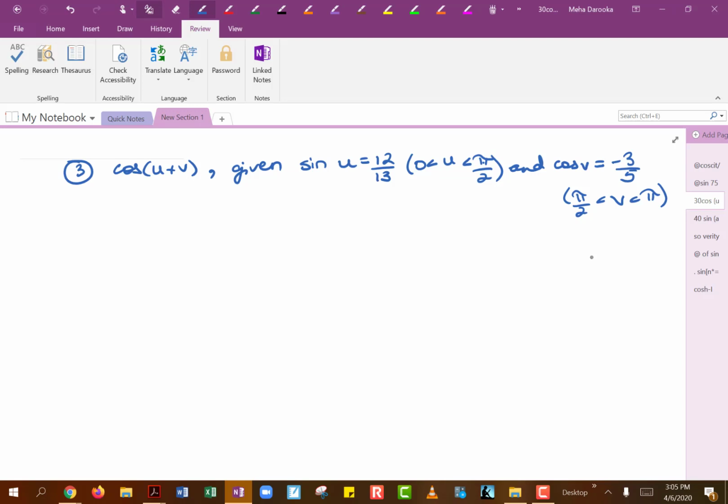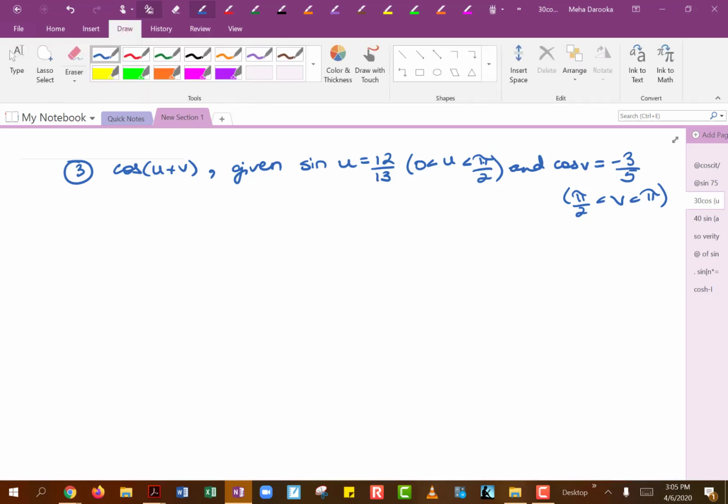So let's go ahead and do our little triangles. Okay, so we know sine of u, or angle u, is in the first quadrant, so that's going to be our little triangle here. And let's say this is angle u. Sine is opposite over hypotenuse, so those would be your 12 and 13.